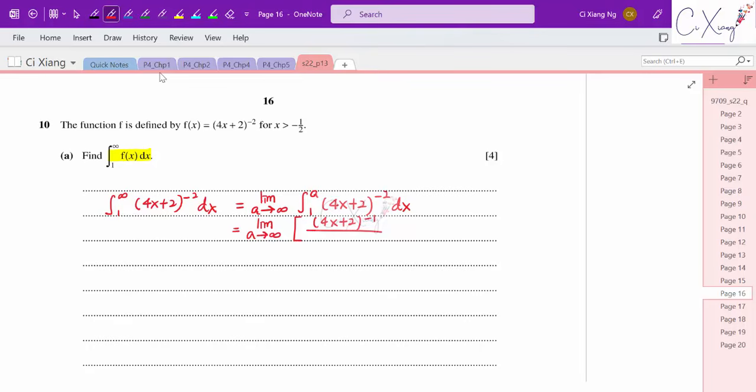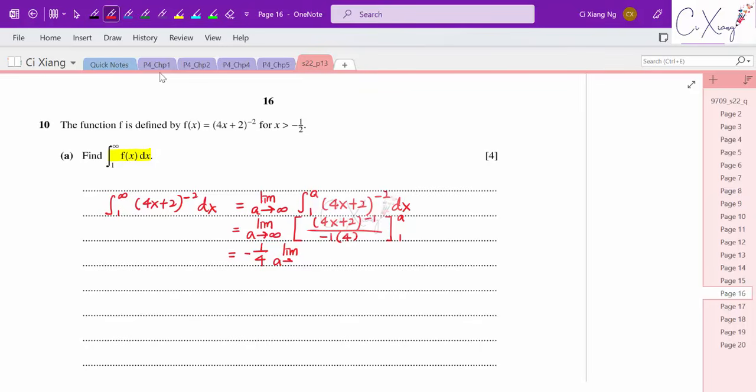So divided by the new power negative 1, differentiate the 4x plus 2, you get a 4, so I also need to divide my term with a 4. Then I want to put in the values A and 1 into my answer. Before I substitute the values, I would like to factorize out the constant first.